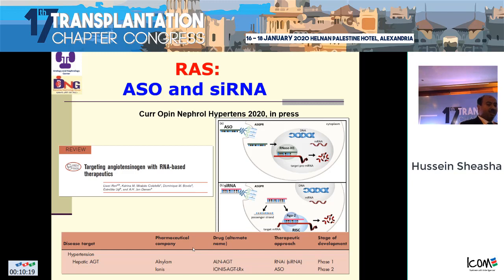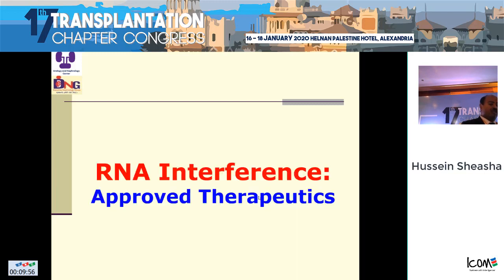So by injecting this double-stranded RNA or antisense oligonucleotide, angiotensinogen is inhibited. When angiotensinogen is inhibited, this will add to the treatment armamentarium of RAS blockade. And the advantage is we give this injection less frequently than the usual use of ACE inhibitors and ARBs.